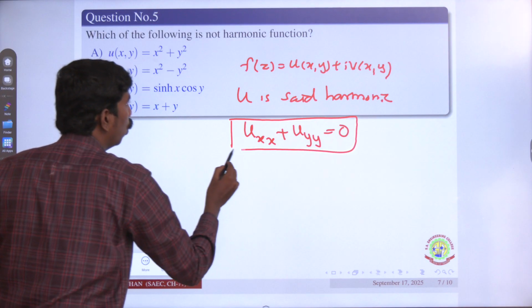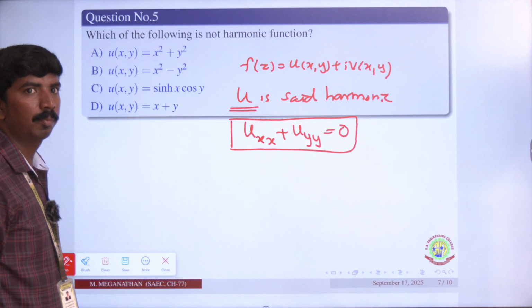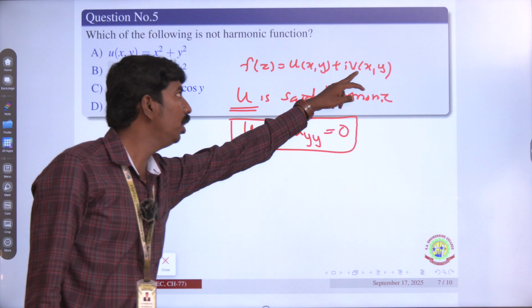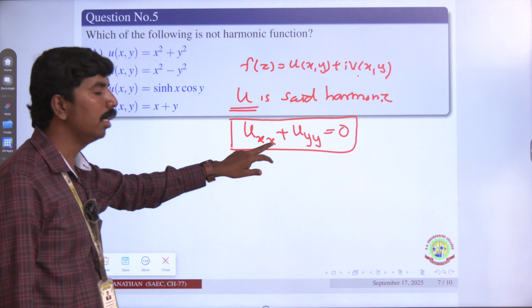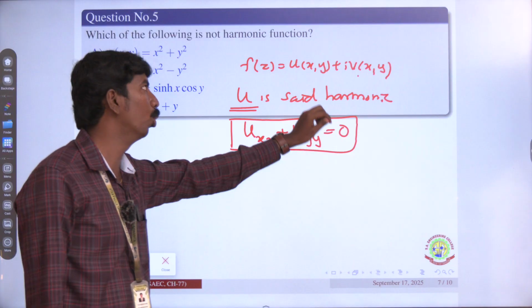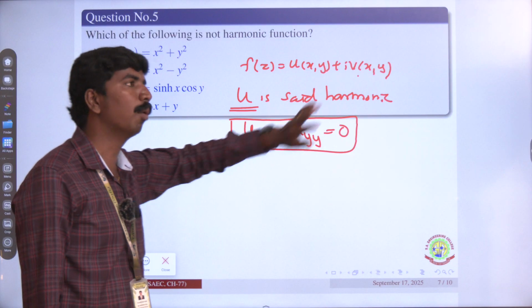Then I conclude u is a harmonic function. Similarly, V is harmonic if Vxx plus Vyy equals 0.